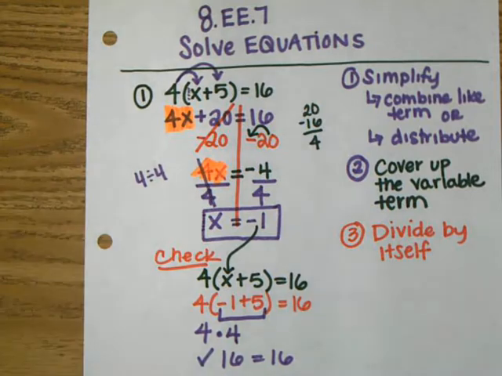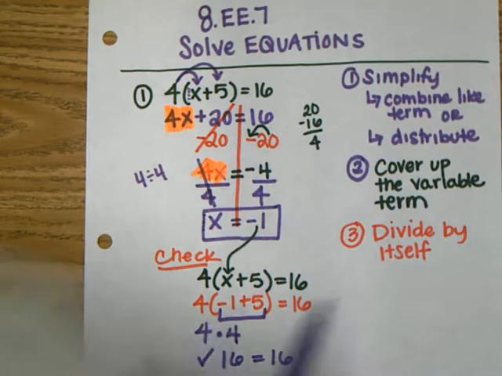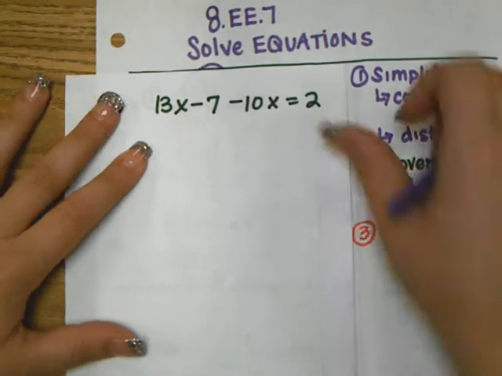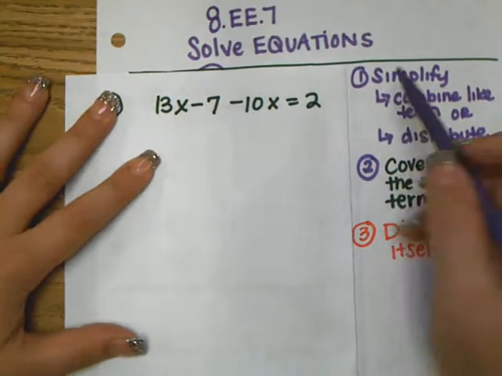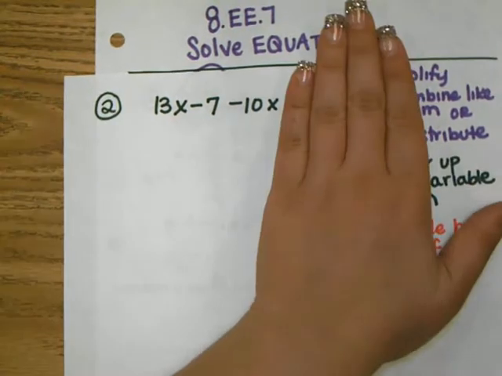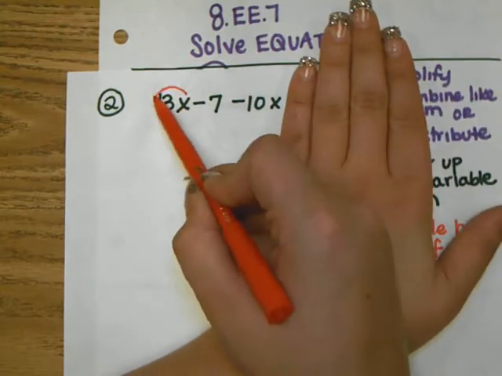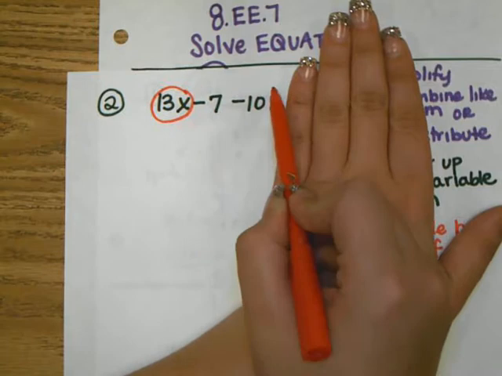Okay, let's go ahead and try another example. Example 2. So step 1 is to simplify. So I'm going to look on the left side, and I can simplify by combining like terms.